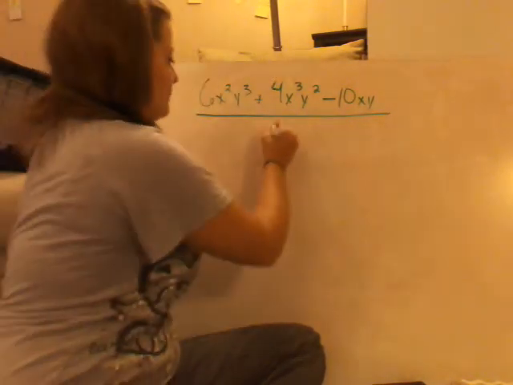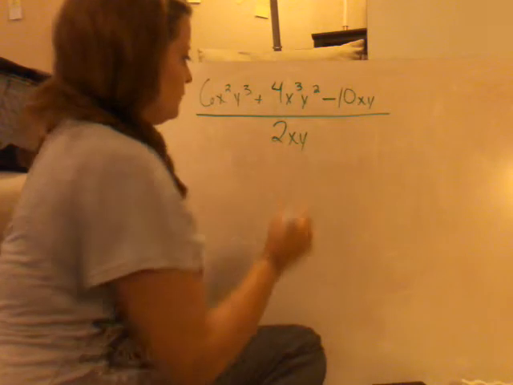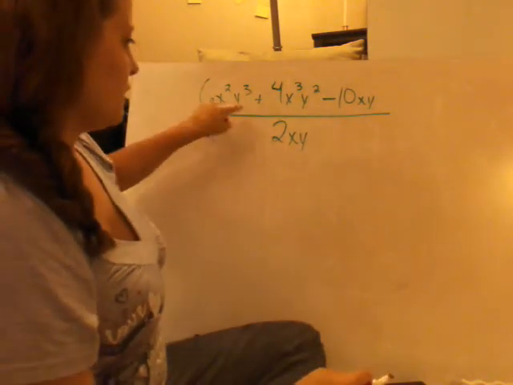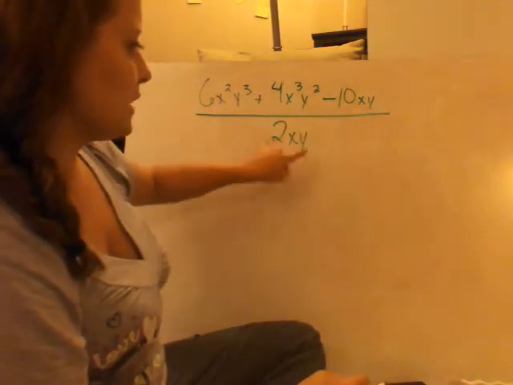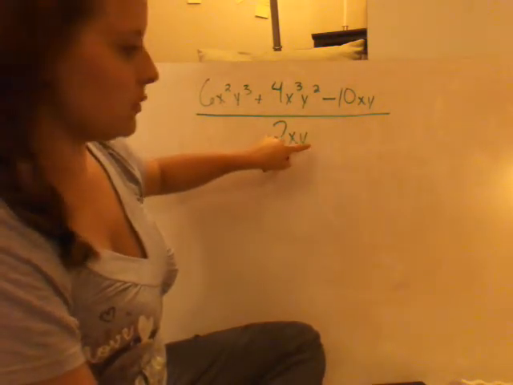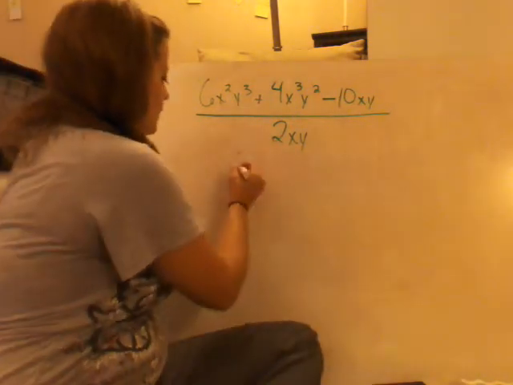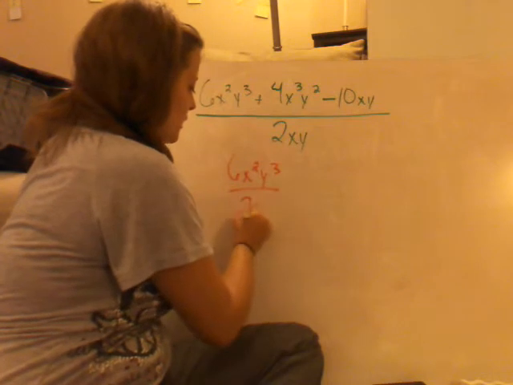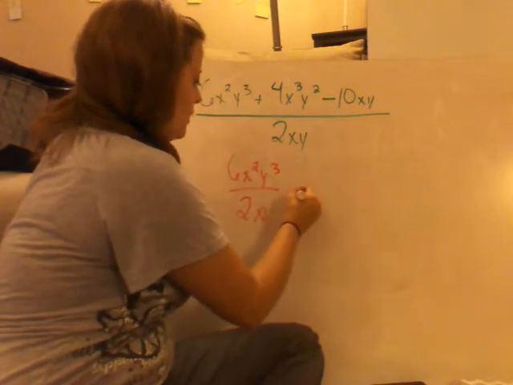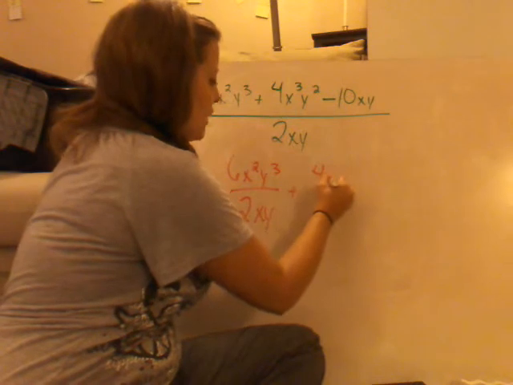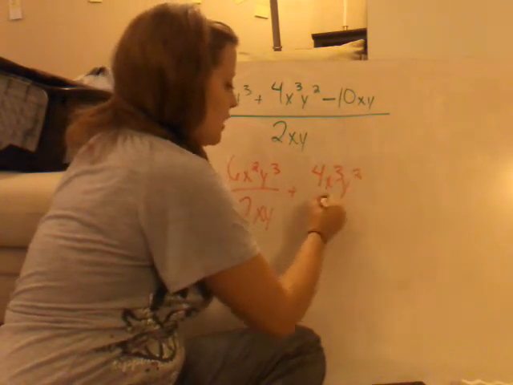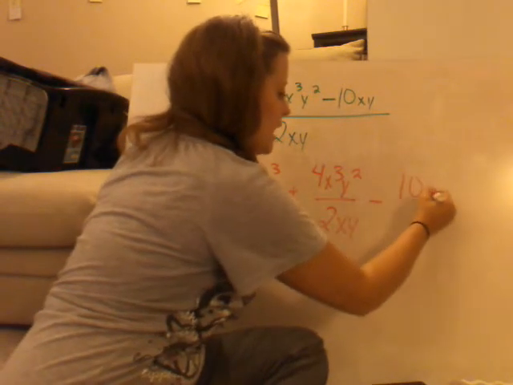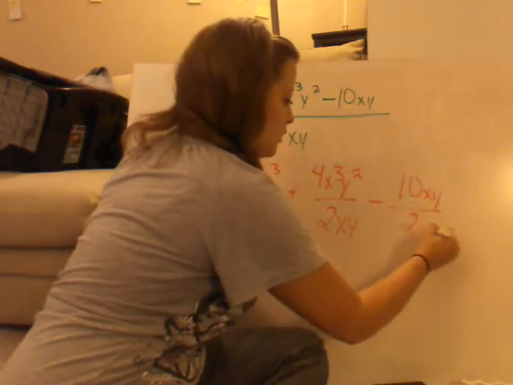2xy. Okay. So again, I'm just going to take each set, like right here's a little set, and right here's a little set, and right here's a little set, and divide everything by the same denominator. So I've got 6x squared y cubed divided by 2xy plus 4x cubed y squared divided by 2xy minus 10xy divided by 2xy.